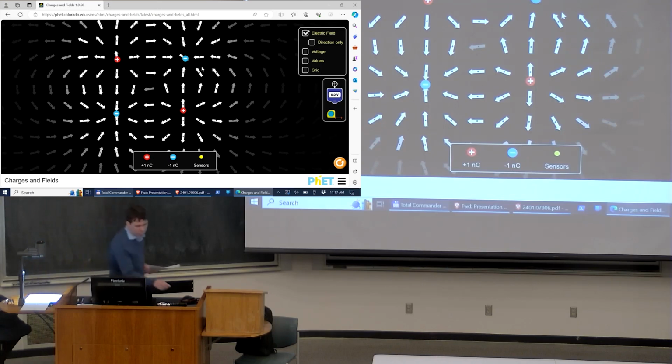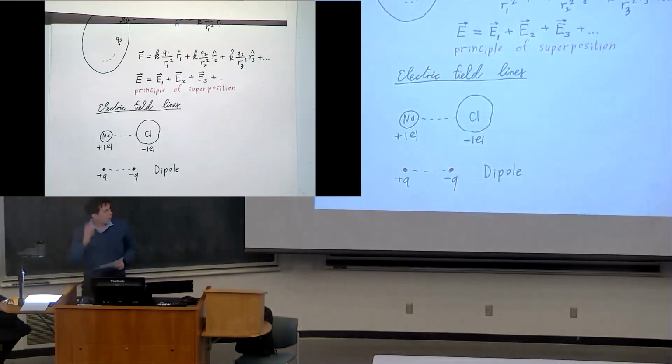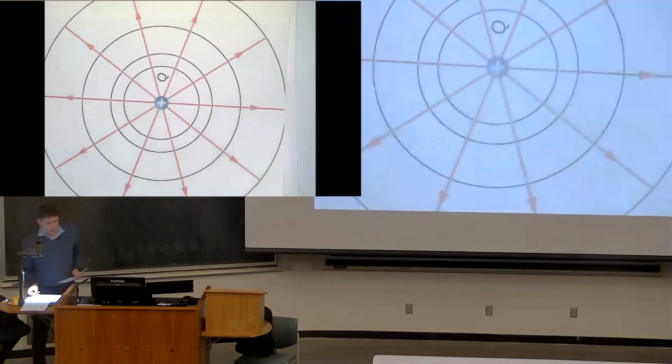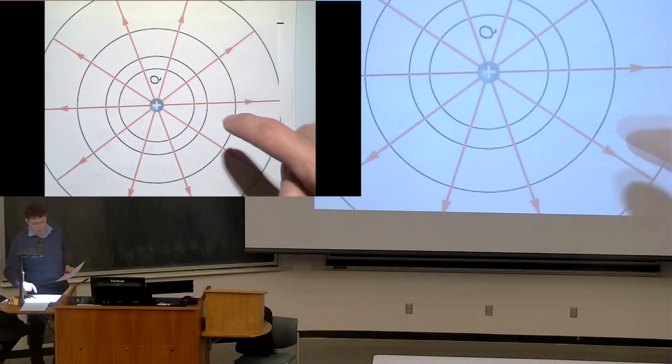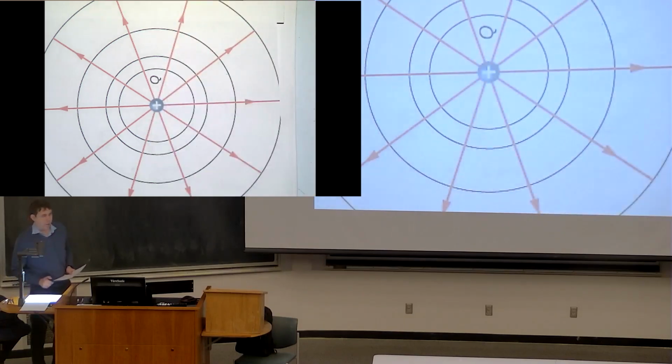I'll switch to the document camera again. Drawing arrows like this in the illustration in the presentation we just saw is one way to show electric fields. But it can also be convenient sometimes to draw solid lines for these arrows.